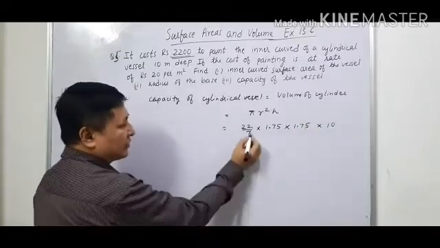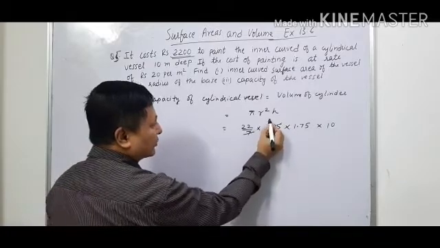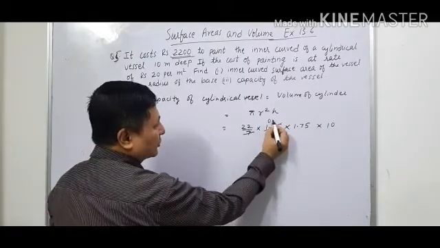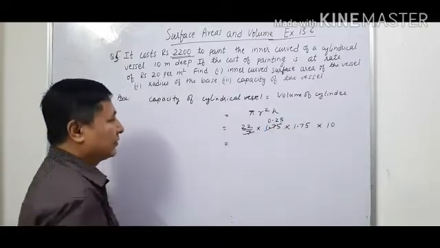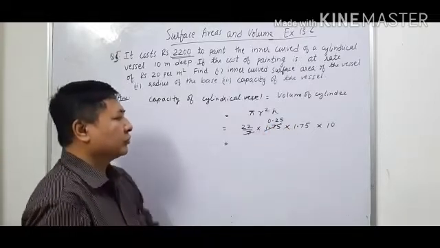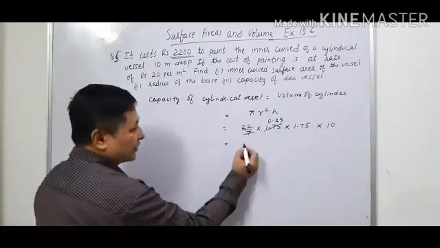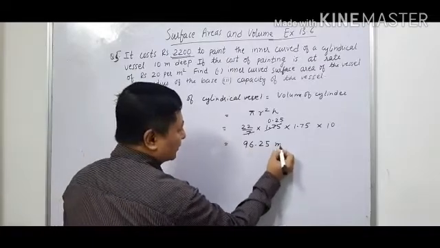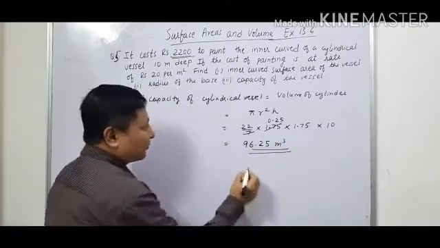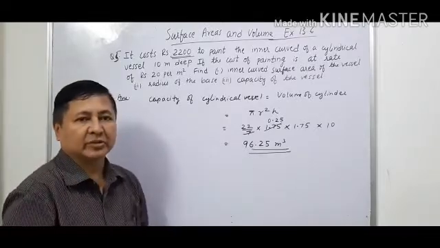Now let us solve this. We cancel 1.75 by 7, which makes it 0.25. Now we multiply 22 into 0.25 into 1.75 into 10, which makes it 96.25 meter cube. So the capacity of the vessel is 96.25 meter cube.